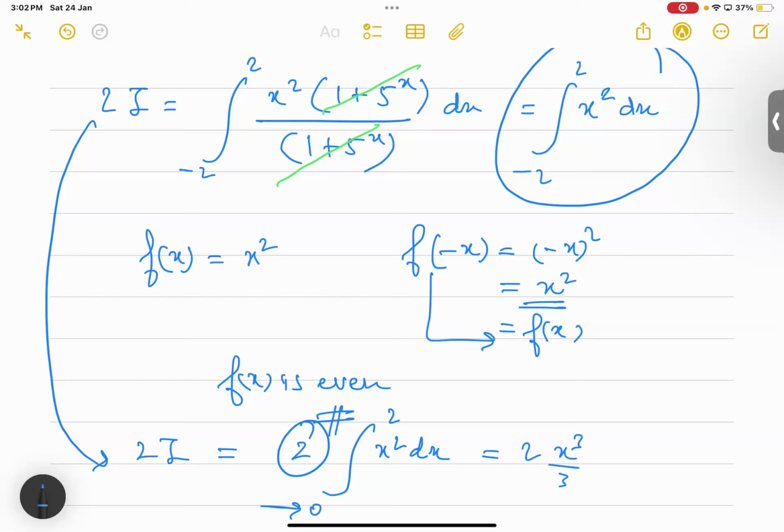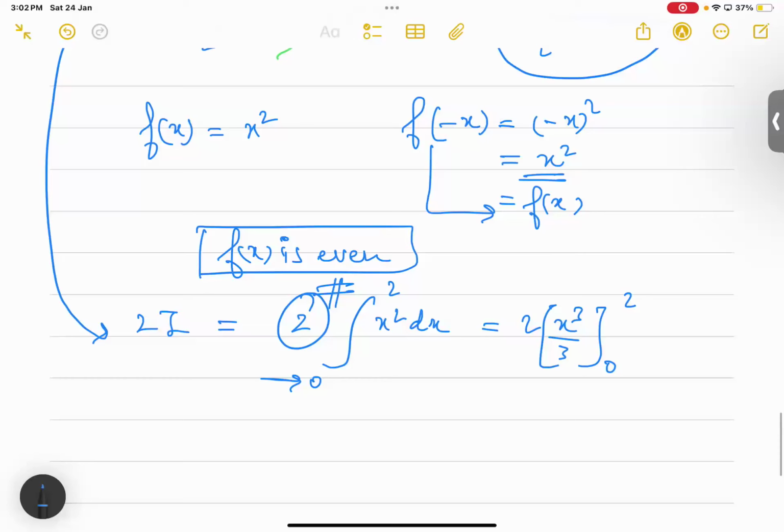Can you explain what happens when f of x is even? Whenever it is even, the right-hand side, where we were testing, will change to 0 as the lower limit, and here there will be 2. Fine? So with limits 0 and 2, we get 2 by 3 x cube, which is 16 by 3.